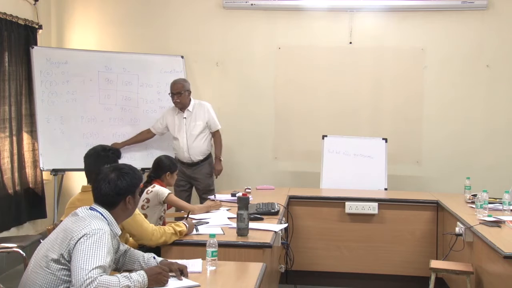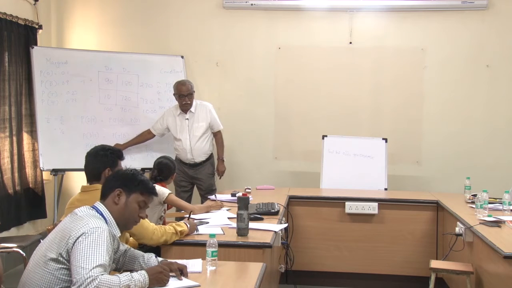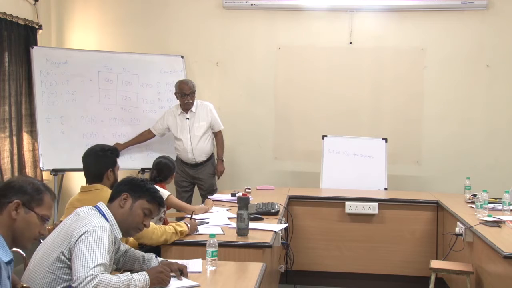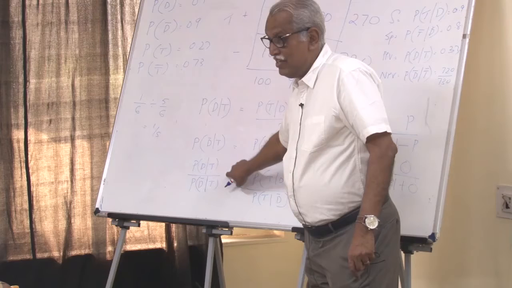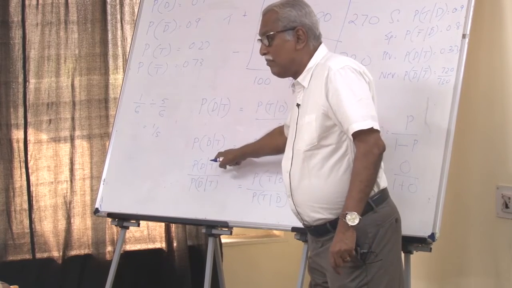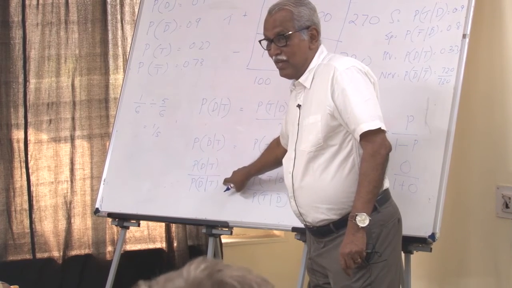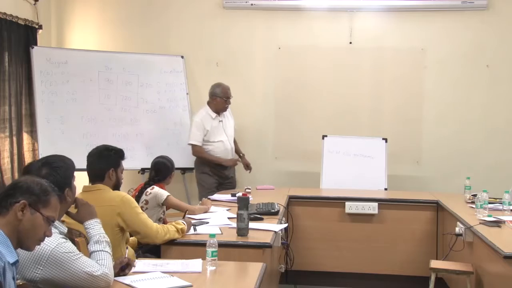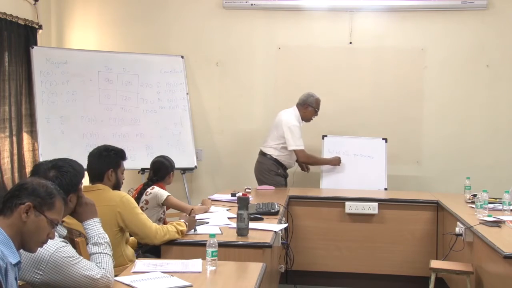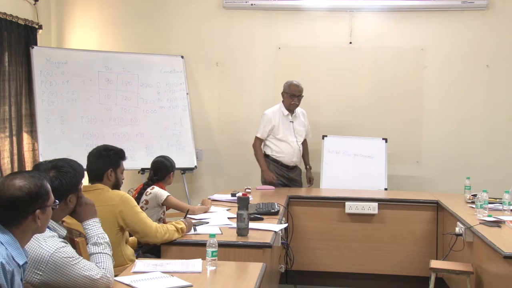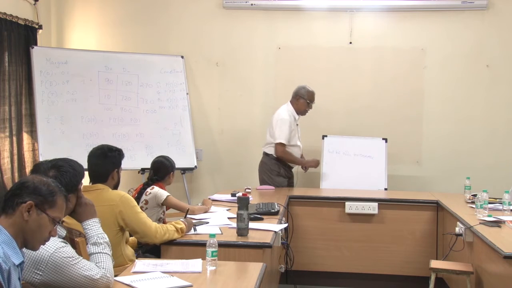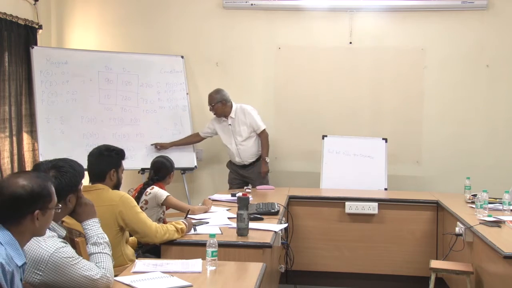This is not post-test probability. It is not positive predictive value. It is the post-test odds, because you are dividing post-test probability by 1 minus post-test probability. So post-test odds for disease is equal to, this is what?